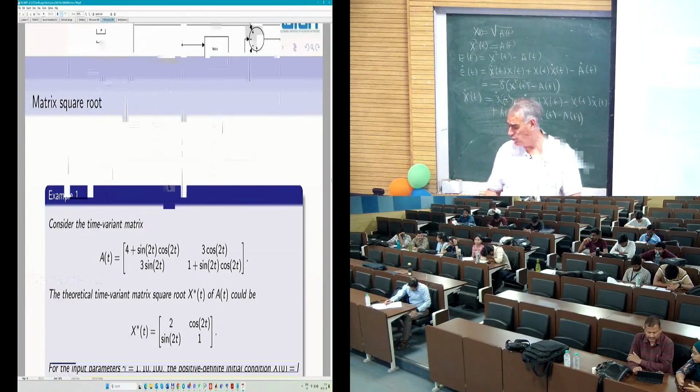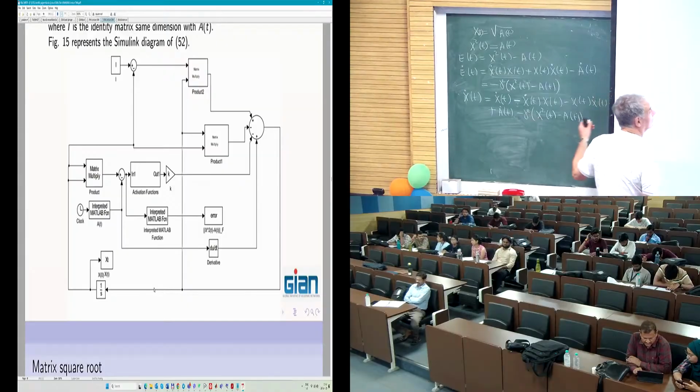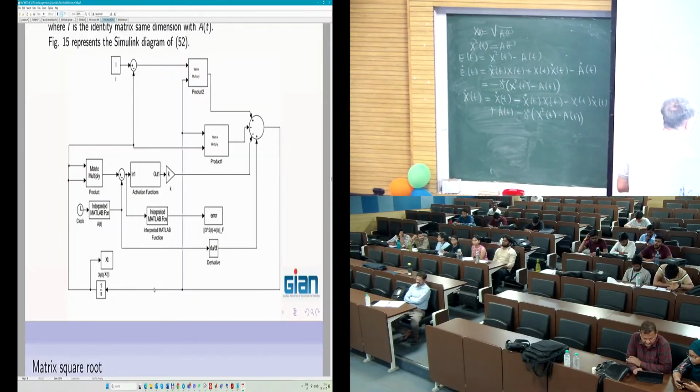Again, in Simulink, the integrator here is the input to all this. X is the output of the integrator. Inside the integrator, we must put the initial state.